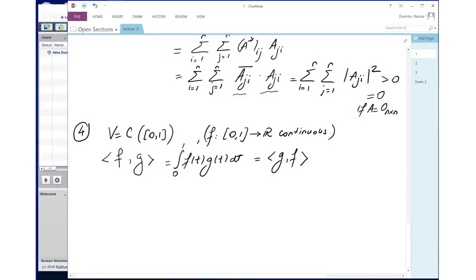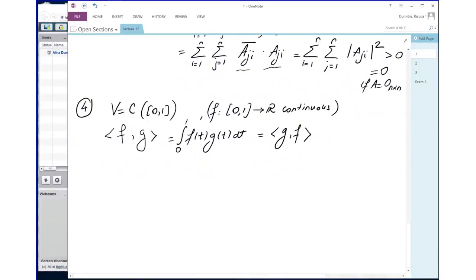So there is no complex conjugate here. That's what we need for the third one. Okay, and the inner product between f and f is the integral of f squared, right, which is a positive function. It will turn out to be positive unless f is 0, so it works.